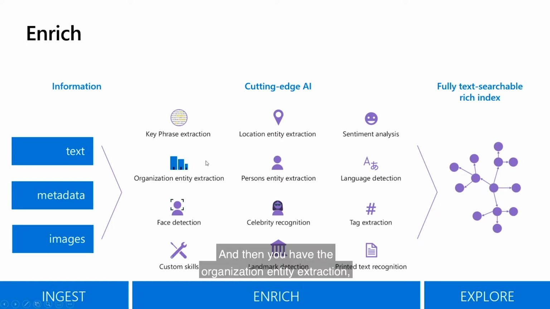And then you have the organization entity extraction, which means that you can also define some entities like the UN, documents mentioning UNICEF, and then some banking, etc. You can extract that information as well. And then phrase detection, whether there is a phrase within the document.